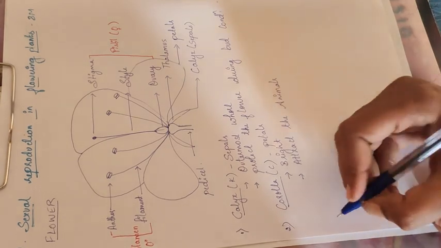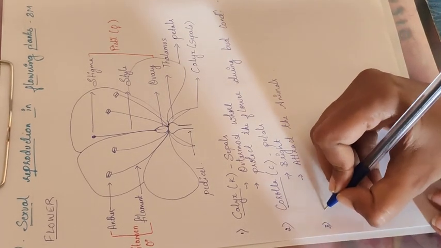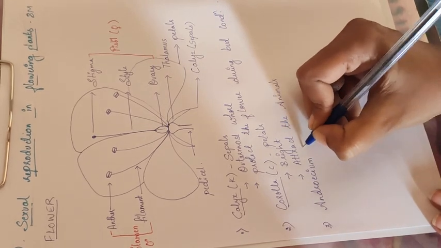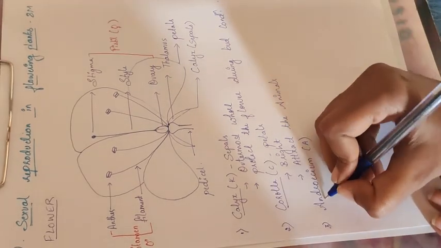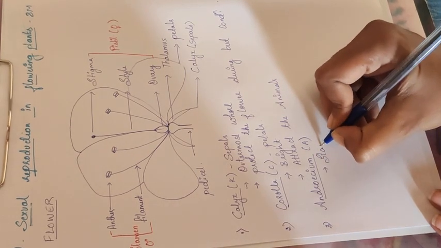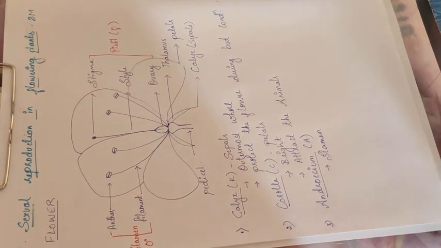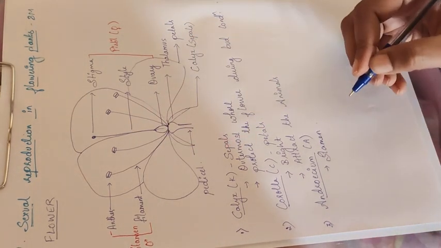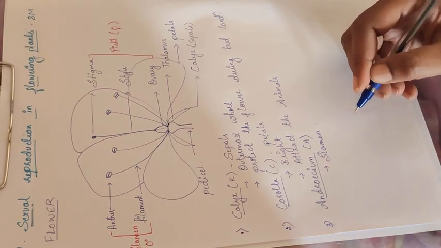Clear? And the third whorl is called the androecium, represented by A. It consists of a number of stamens. Now we have already discussed that each stamen consists of the anther and the filament.